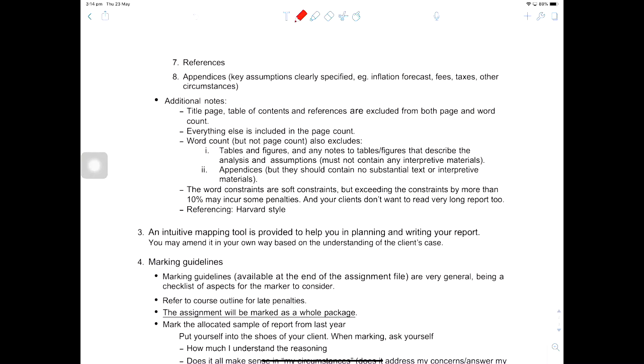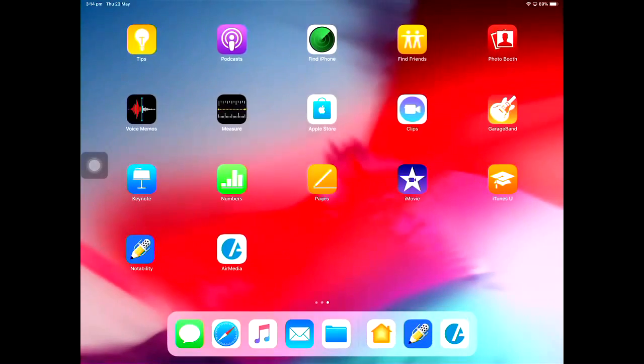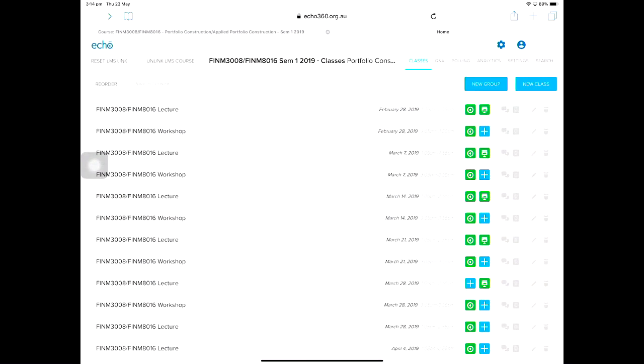I provide a mapping tool. It's right here.